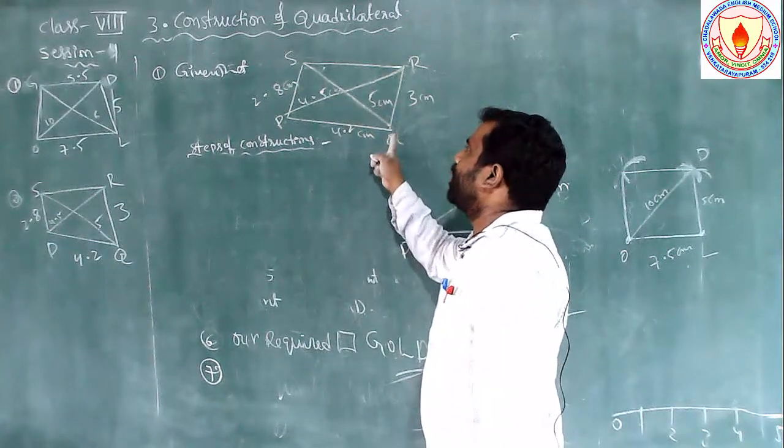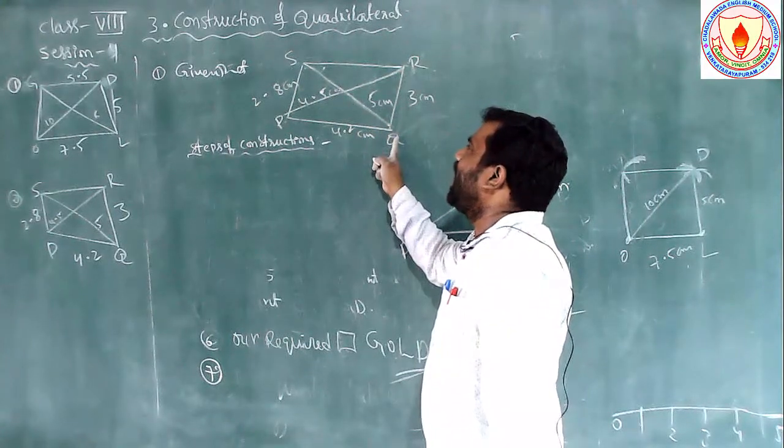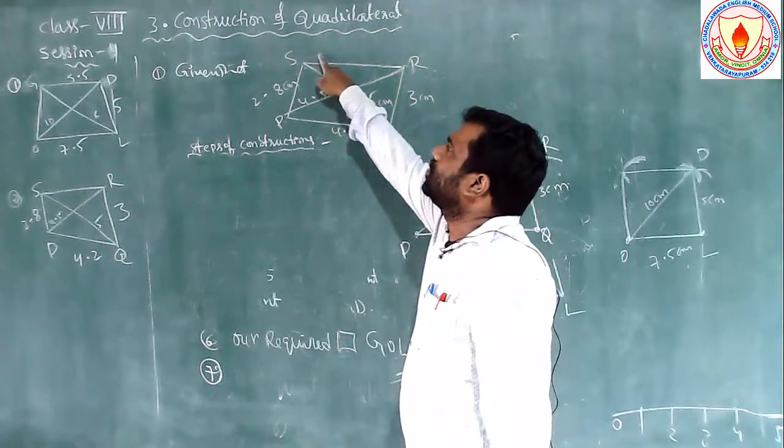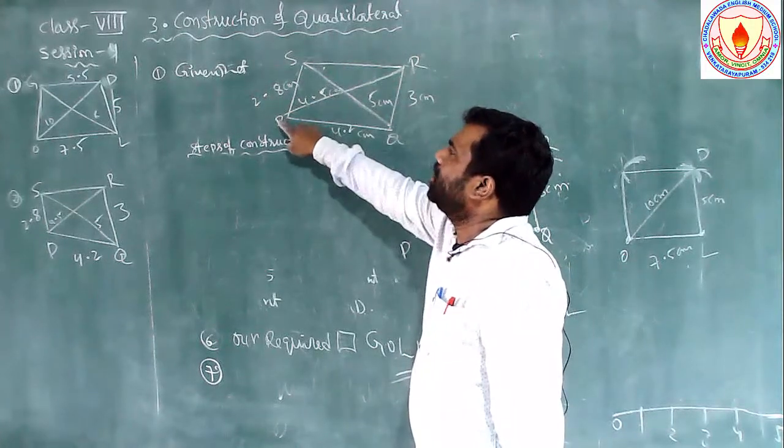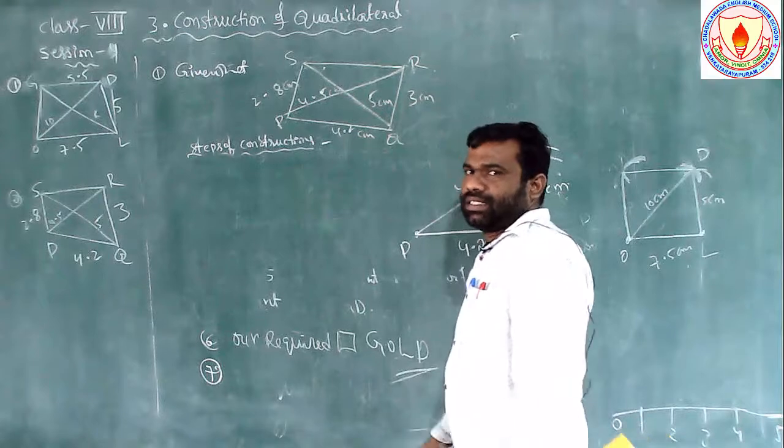The diagonal: from Q, draw an arc with 5 centimeters, and from P 2.8 centimeters.